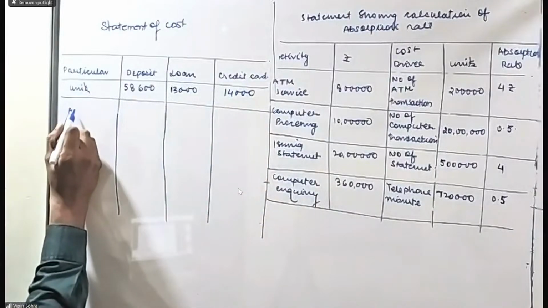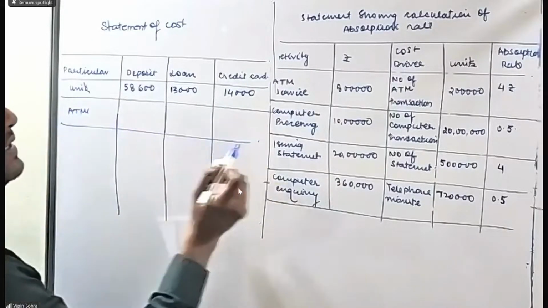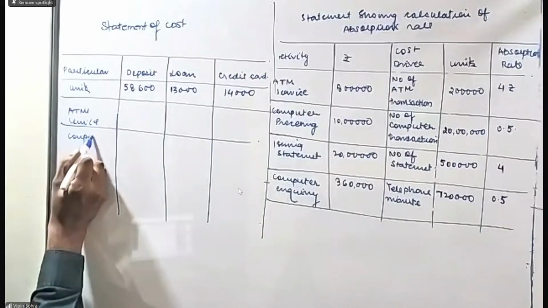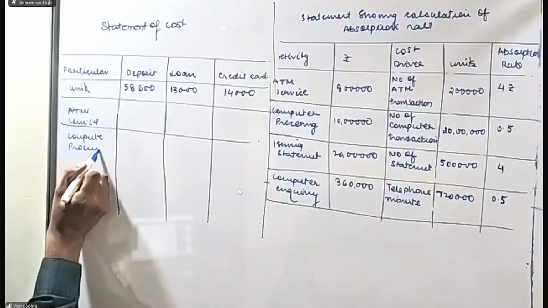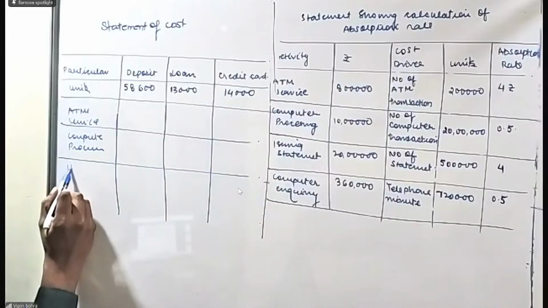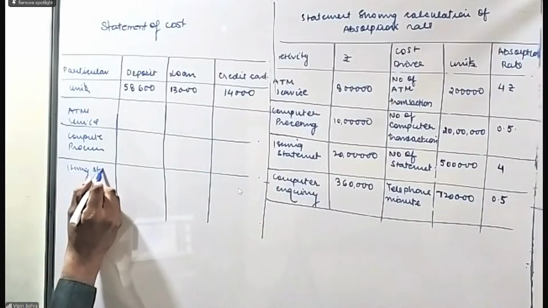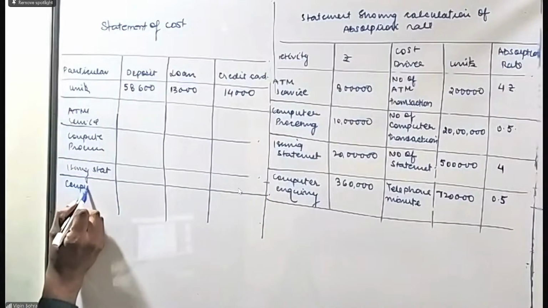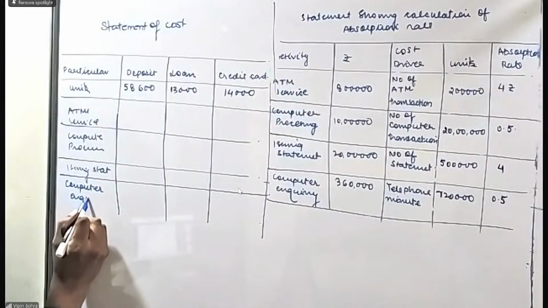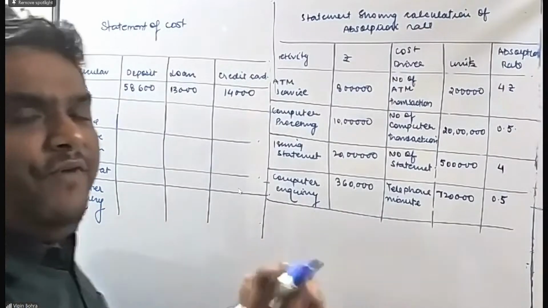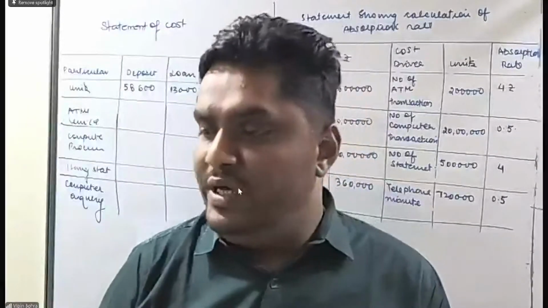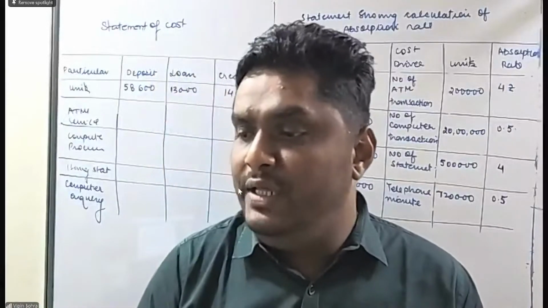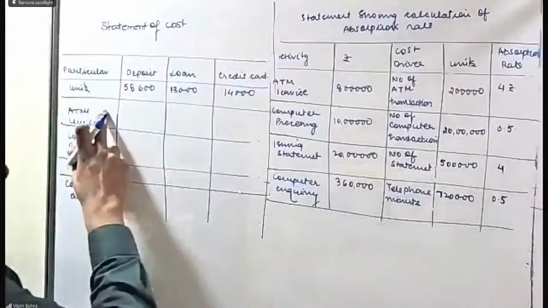Now again we will distribute the overheads of ATM service, computer processing, issuing statement, and computer inquiry, in the same way we discussed in the previous 2 questions. So see, everything is given in the question. I'll be distributing the overheads of the ATM service.